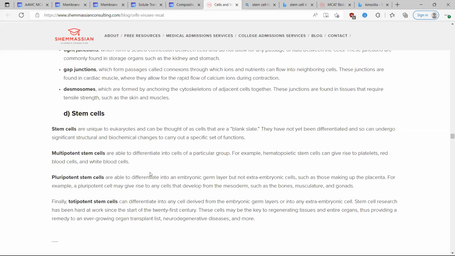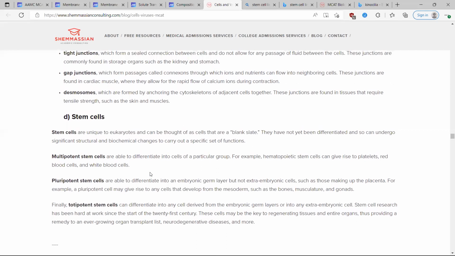But yeah, stem cells are under heavy research because if we can figure out how to effectively take totipotent stem cells and grow them into, say, a liver or a kidney, right? If we can do that, then that solves a lot of problems that we have.